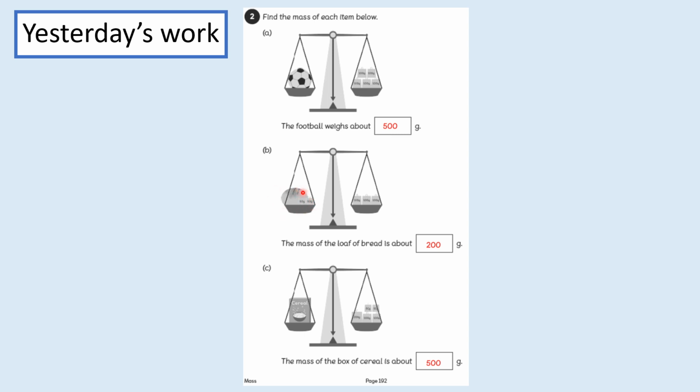If we know that 50 add 50 equals 100, then to find the mass of the bread, we needed to do 300 grams take away 100 grams, which gave us 200 grams. And lastly, question C, we should have got the mass of the box of cereal is about 500 grams.